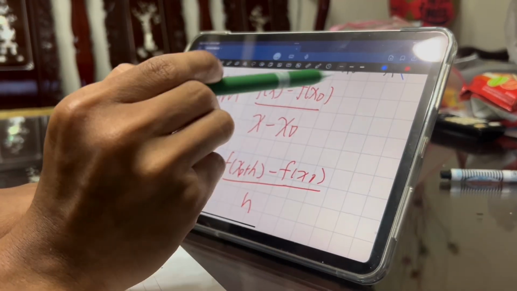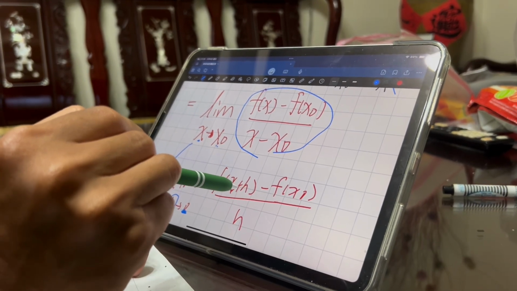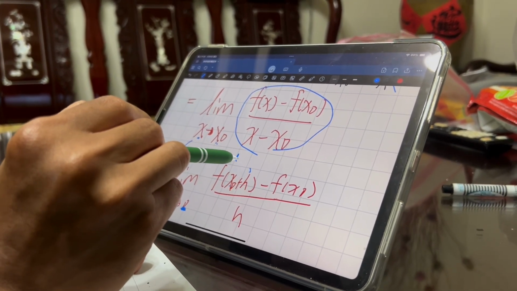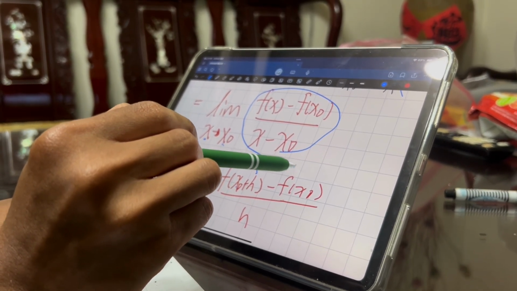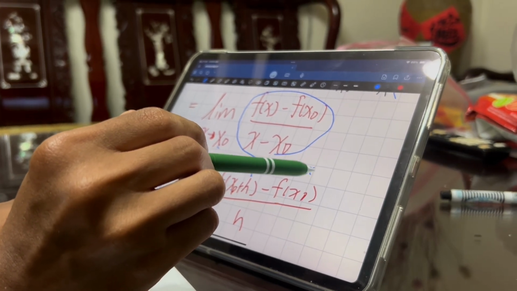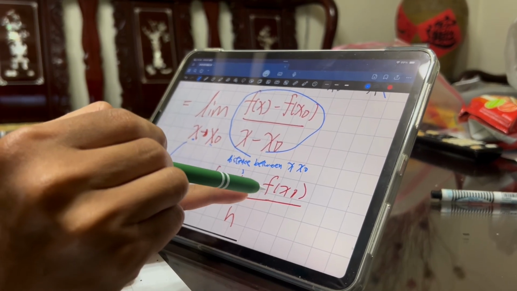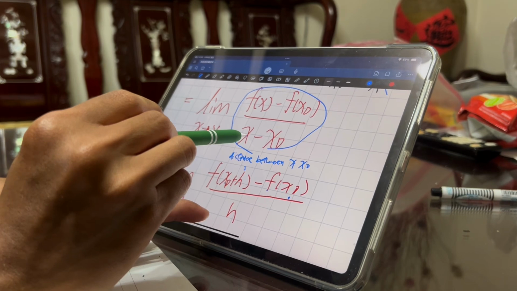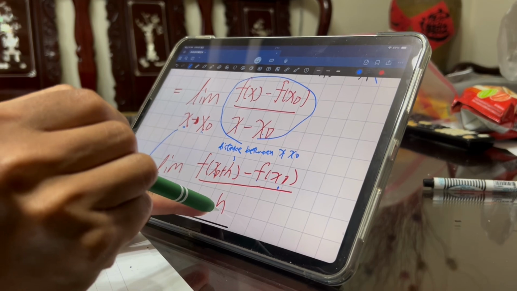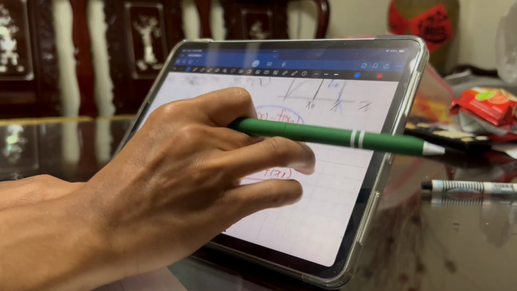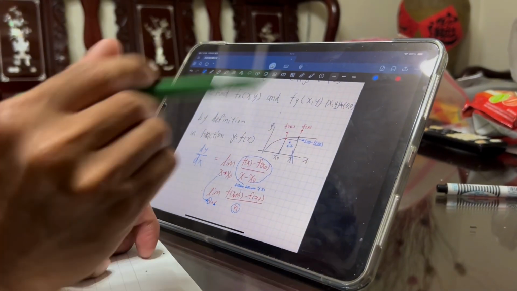So we can change the function above into f of x0 plus h, which is the distance between x and x0, minus f of x0, divided by h. That is the two-dimensional definition of dy/dx.